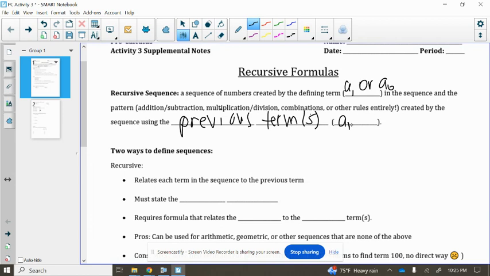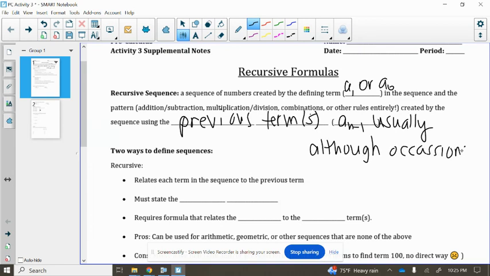So we're involving the previous term, a sub n minus 1, usually, right? Although occasionally you might see other terms. Like I said, you might see maybe a sub n minus 2 or a sub n minus 3. We'll look at some examples where we involve that as well.